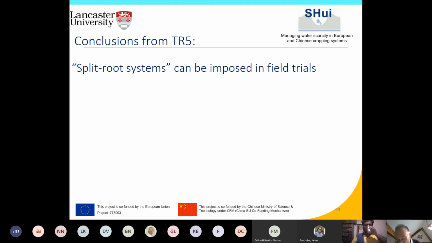Now, the group in Adelaide very quickly established that you didn't need to actually put a physical divider down the middle of the row of grapevines to ensure that you had spatial separation of wetting and drying parts of the root system.